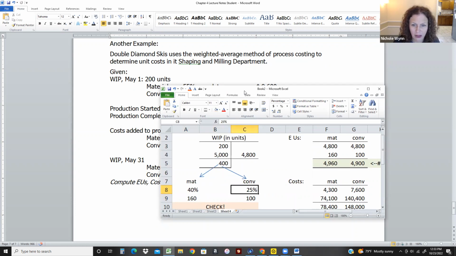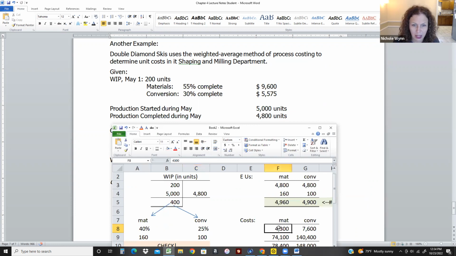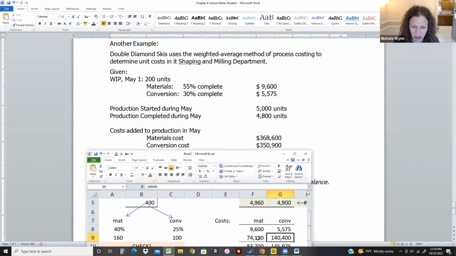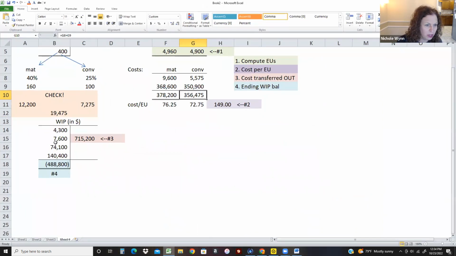And then my costs are beginning costs of 9,600 and 5,575. And then the extra cost incurred are 368.6 and 359. And then that should be it. Oh, I didn't set these up as formulas. So that one, that one, that one, and that one. Okay, now I'm all good and my check works.